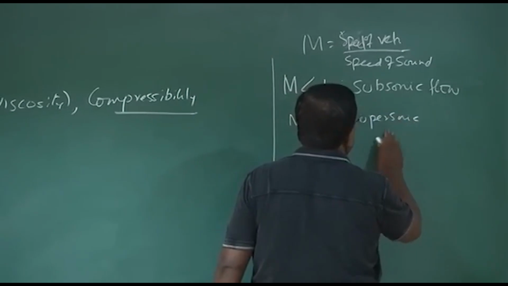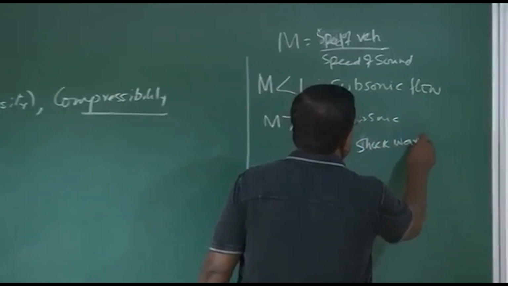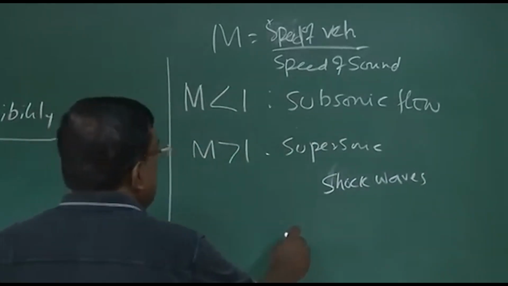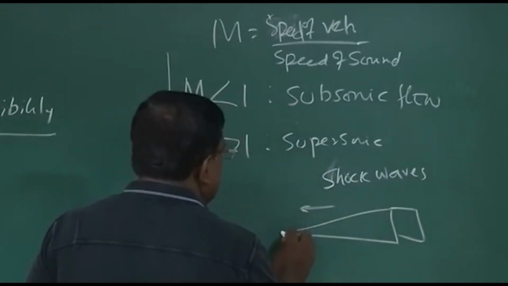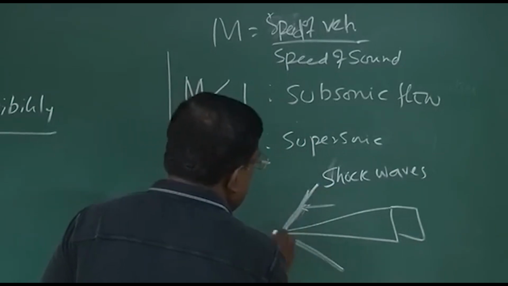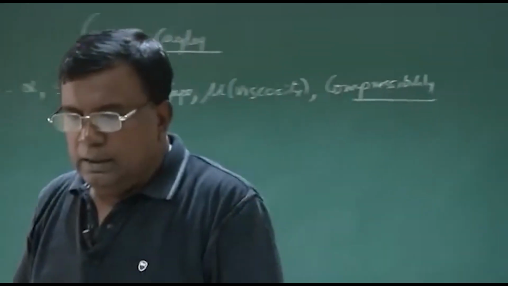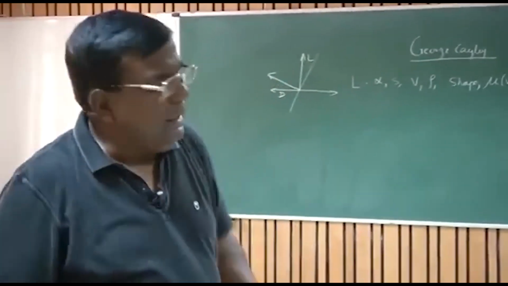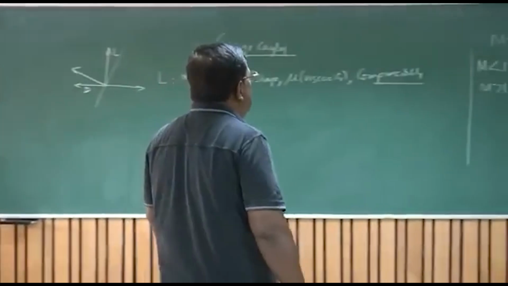And there we have shock waves. Shock waves are like this: this is the vehicle moving in this direction, so the fluid gets compressed, and there are shock waves with high density. This is not part of this lecture, but you need to know a few things to make your understanding better.